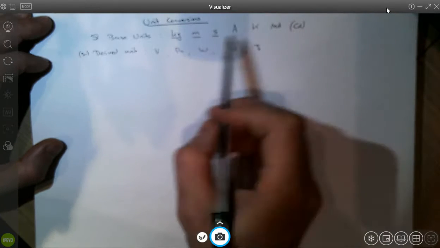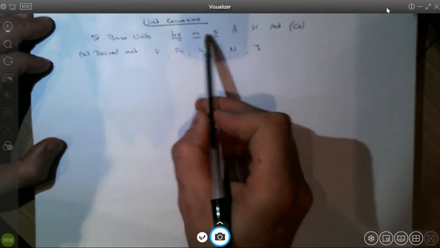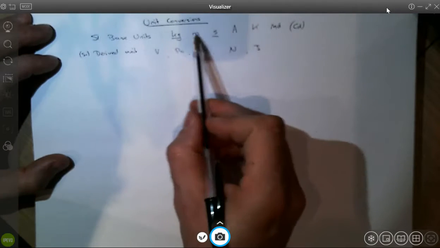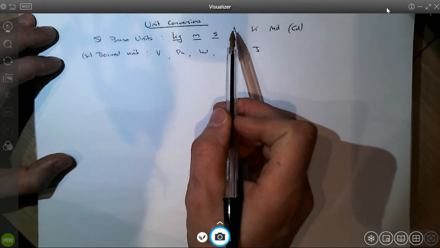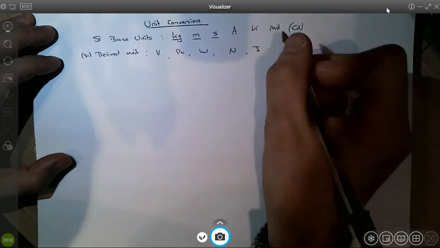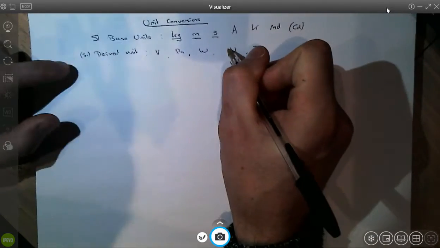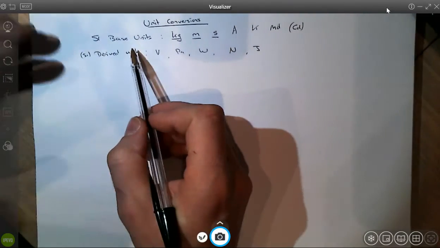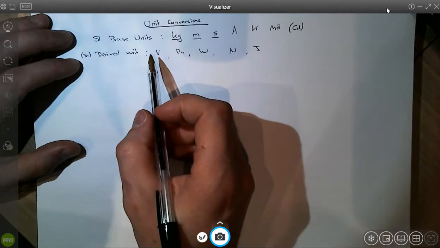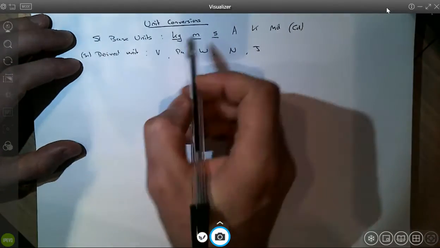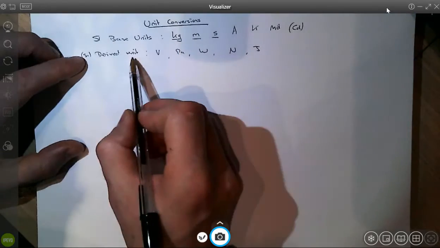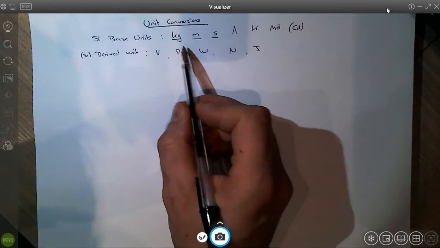They are made up of different combinations of these base units. At A level, we look at this in a lot more detail. At GCSE, this is probably even slightly too much detail. I would say base units, they need to know what they are, and that these are made up of other things, other units.